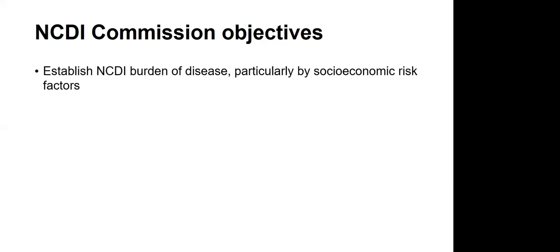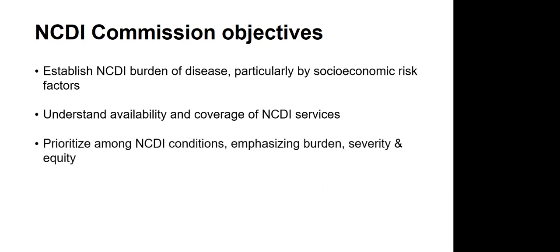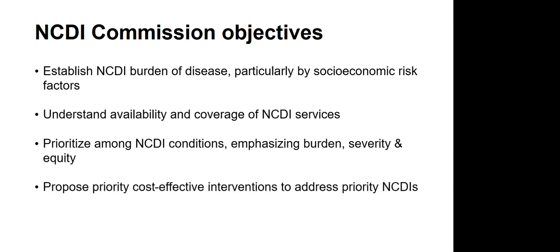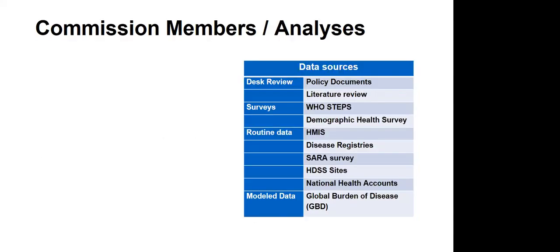One was to establish the NCDI burden of disease, particularly by socioeconomic risk factors, to understand the availability and coverage of NCDI services, prioritize among NCDI conditions, emphasizing burden, severity, and equity, propose priority cost-effective interventions to address these priority NCDIs, and to estimate how much it will cost us to actually achieve our universal health coverage target of 65% by 2030.